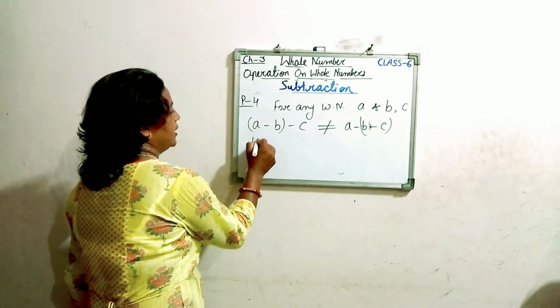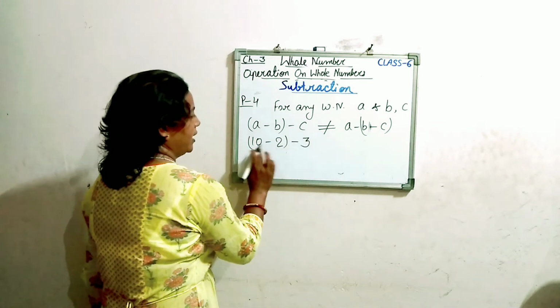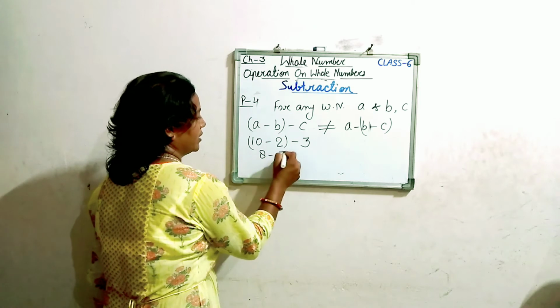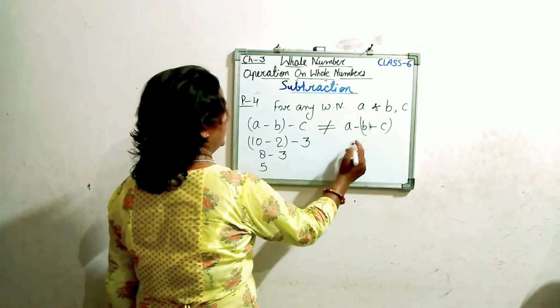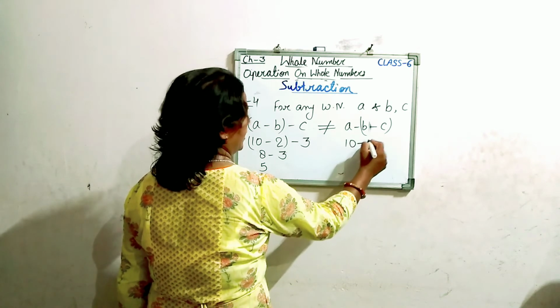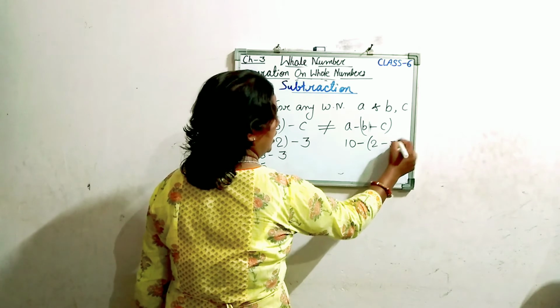Look at here, 10 minus 2 minus 3. 10 minus 2 is 8, minus 3 is 5. Now look at it here, A is 10, B is 2 and minus 3.